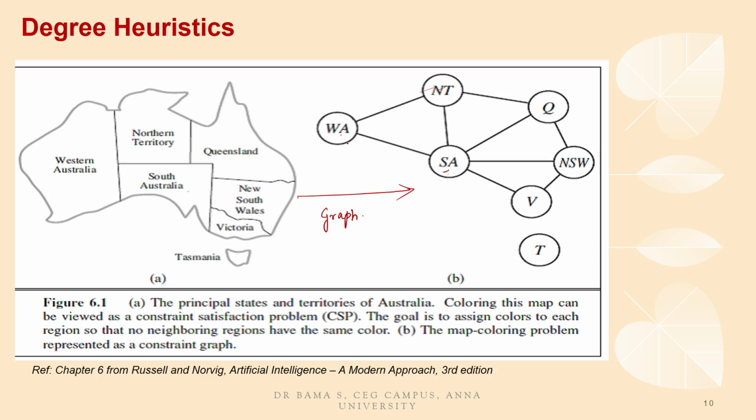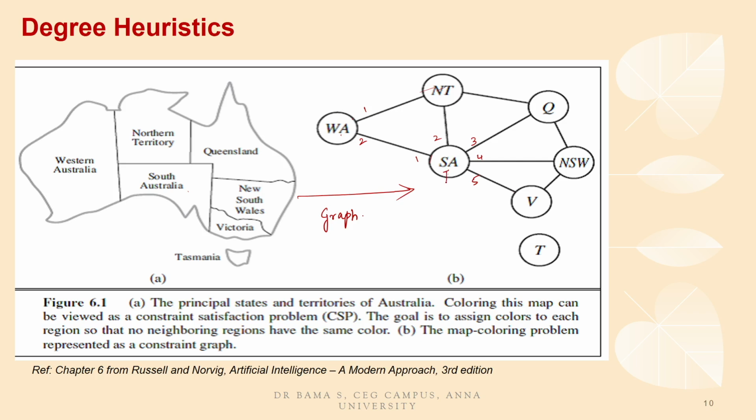If we check the degree of this graph, for WA it is going to be 1 and 2, for SA it is going to be 1, 2, 3, 4 and 5. So, SA is connected to 5 different regions.